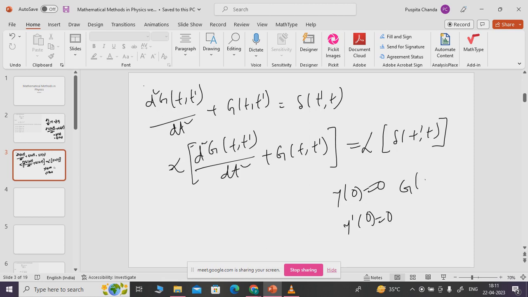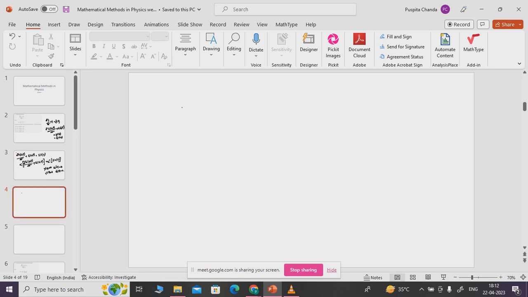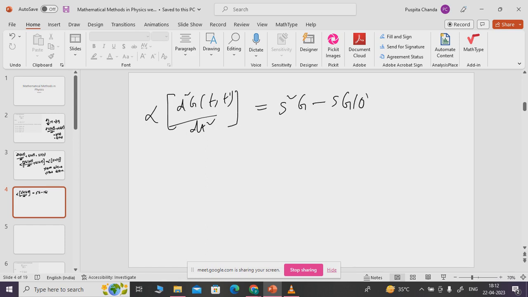So we can say G(0) is 0 and G'(0) is also 0. For that reason, the Laplace transformation of d²G/dt² is s²G minus sG(0), which is 0, minus G'(0), which is 0.